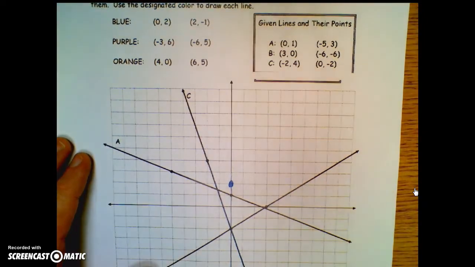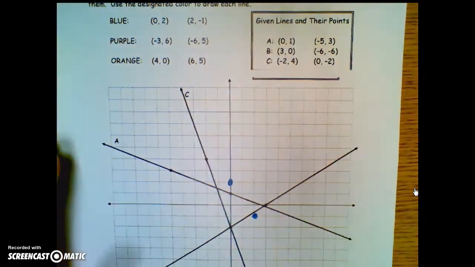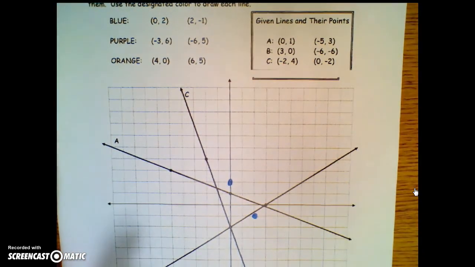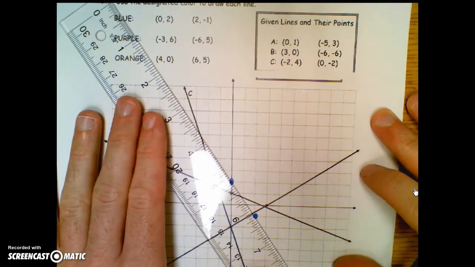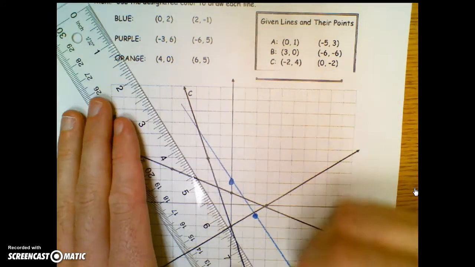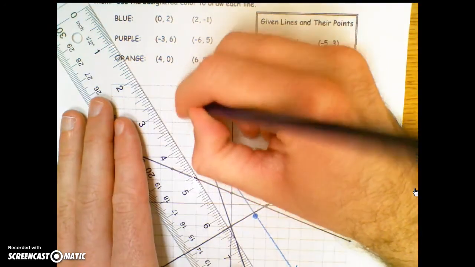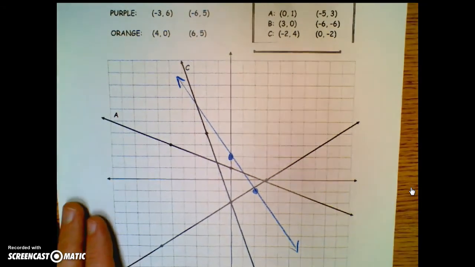Then I'm also going to plot the next point, which is 2, -1, which is down here. And using my ruler, I'm going to connect those dots. Put arrows on the end, and then we're good.